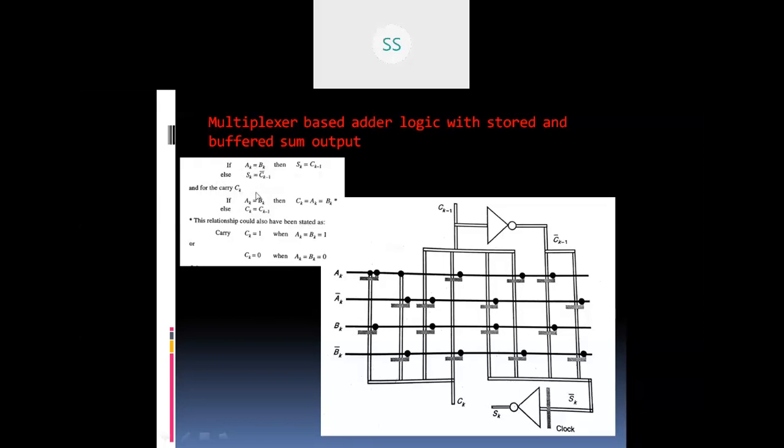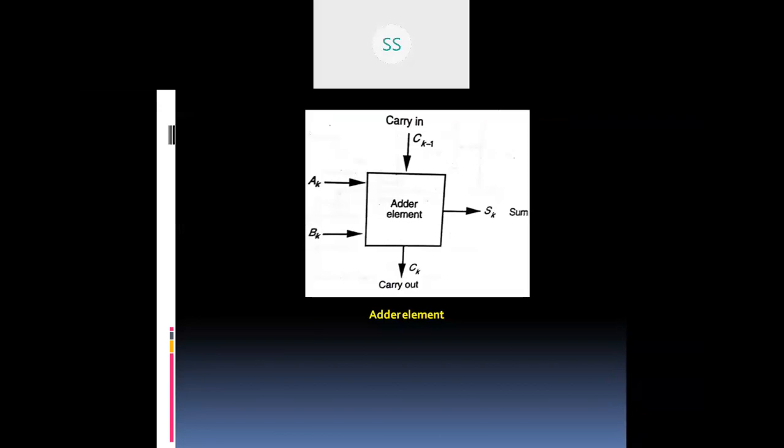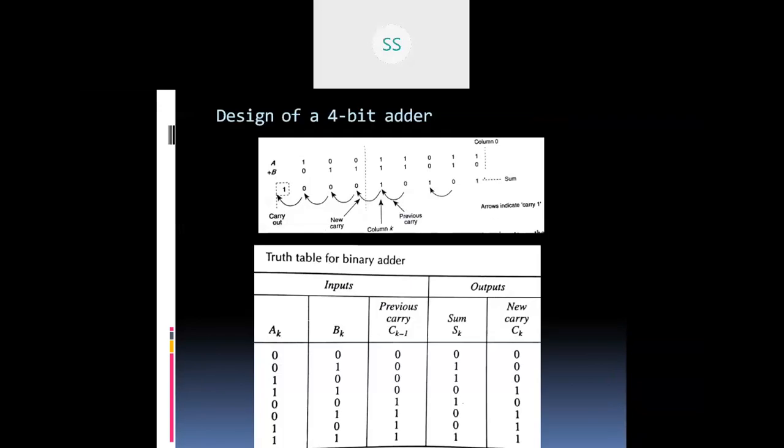Similarly, in case of carry, whenever AK is equal to BK, it is observed that the carry bit CK is equal to AK, that is equal to BK. Else CK equal to CK minus 1. You can check this from the table; you should have this table with you to do this.